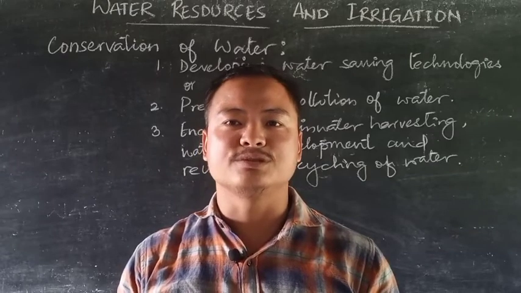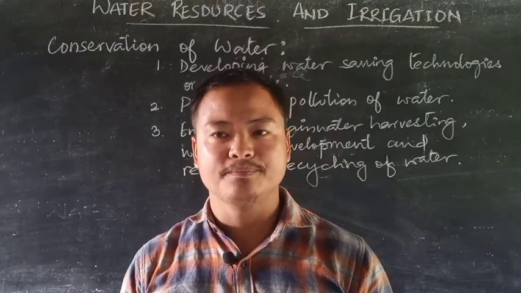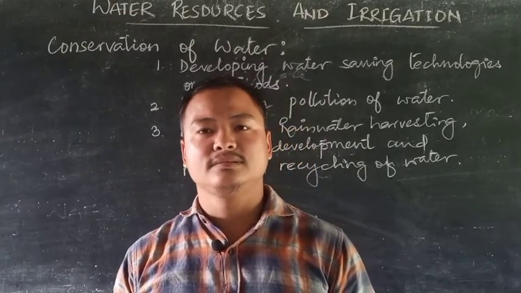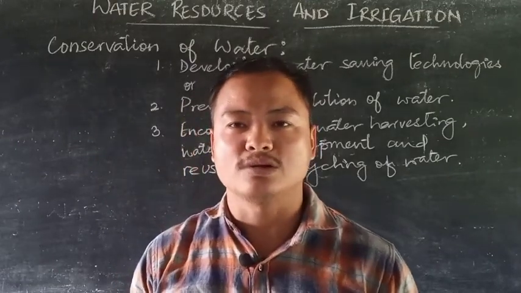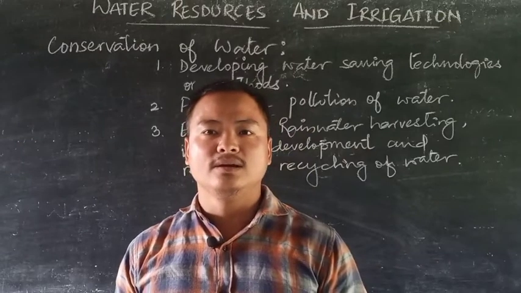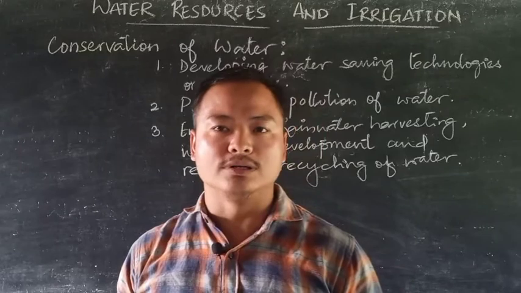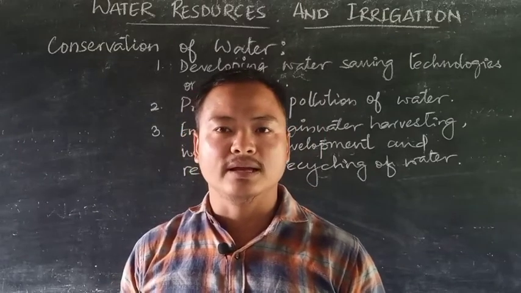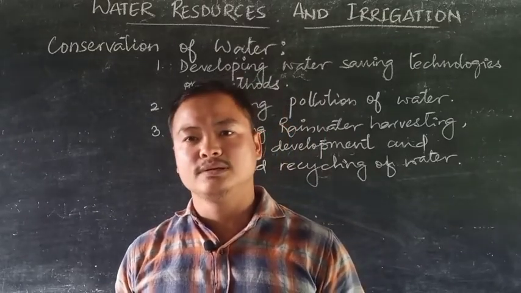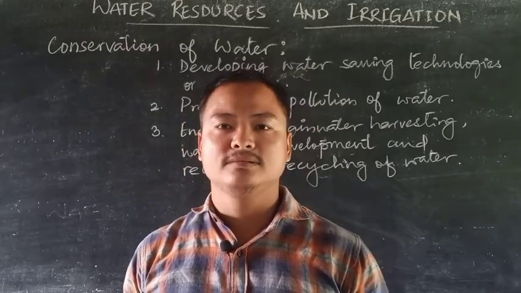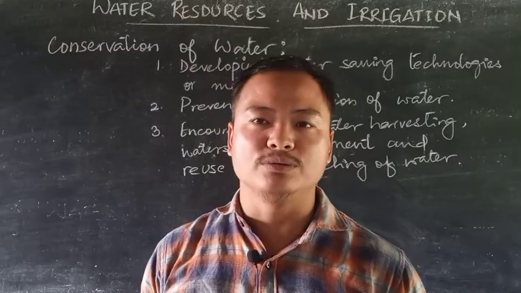So this is where we lack again. Also in 1977, an act was passed with an aim to reduce pollution of water. But its implementation again is very low, or you can say that water is still polluted at a higher rate.